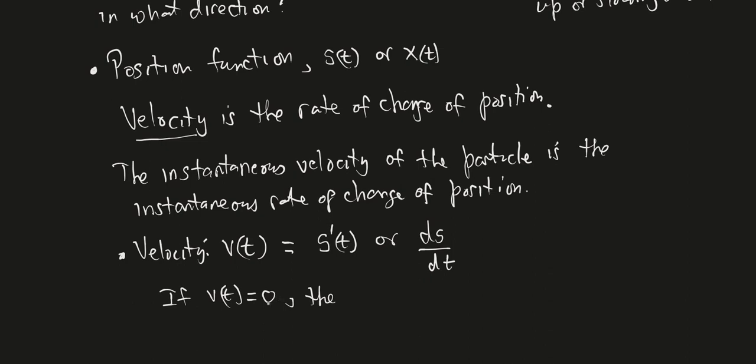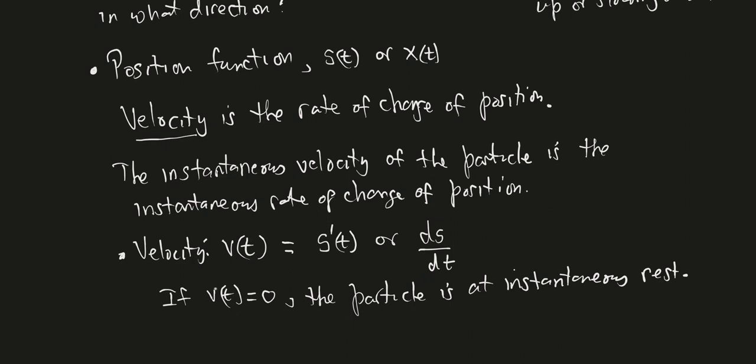So if the velocity is equal to zero, the particle is at what we call instantaneous rest. So just at that moment, it's neither moving to the right nor to the left, or neither up nor down. So the particle is at rest.